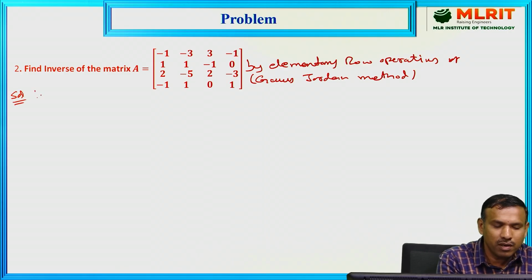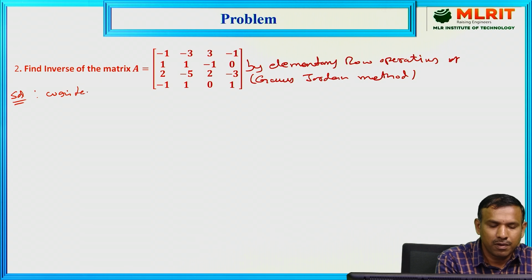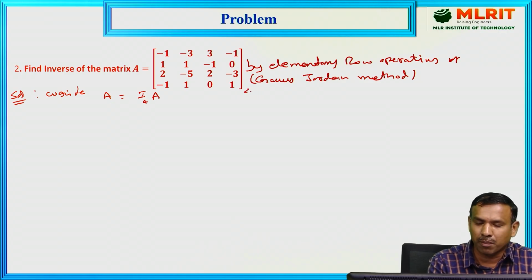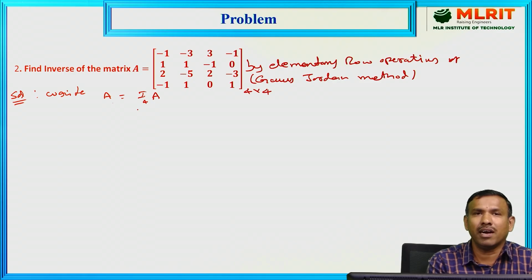As per the procedure, write A is equal to IA. But which order matrix? It is a 4 by 4 matrix. The given matrix is 4 by 4, so that's why the identity matrix on the right side should be 4 by 4.